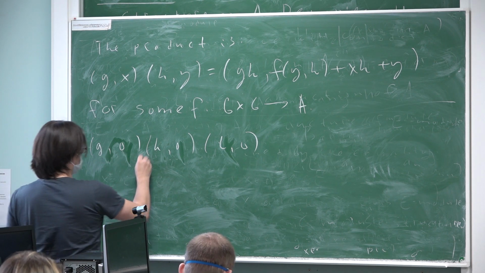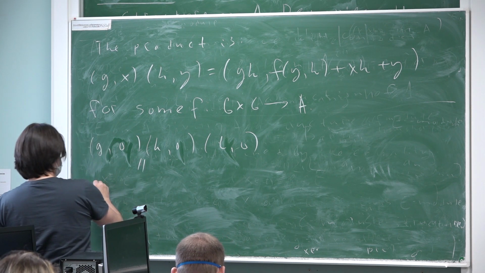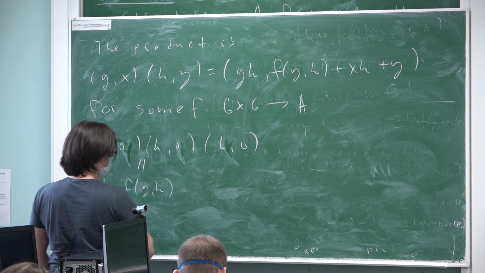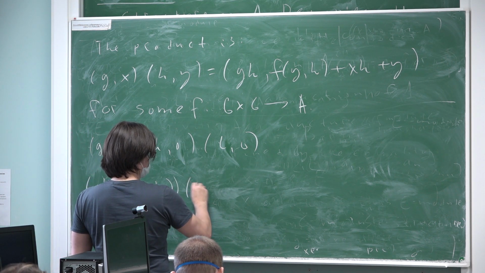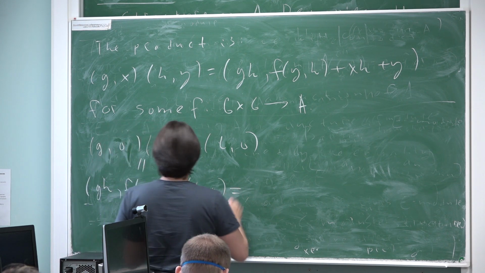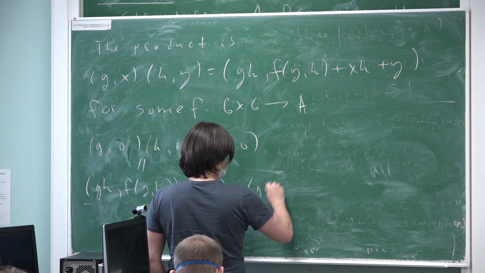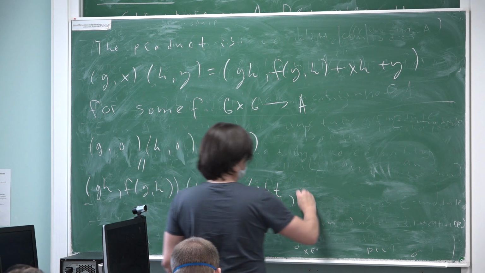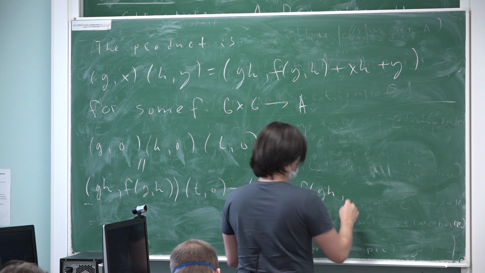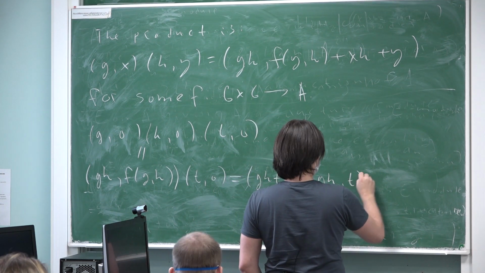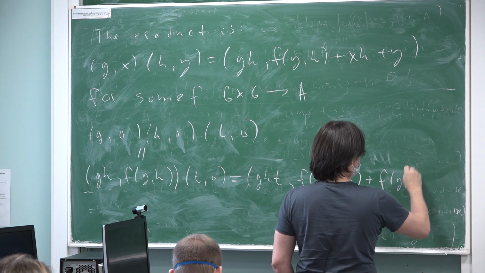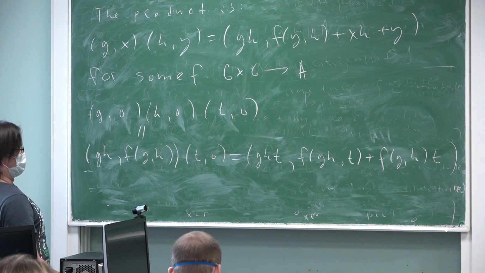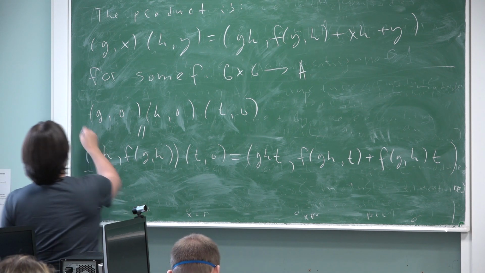So let's write this guy. G times H means that you take GH, and here you get f of GH, and you multiply it by T, so you get, of course, GHT, and here you get f of GH T plus f of GH T. So now let us write in another way.